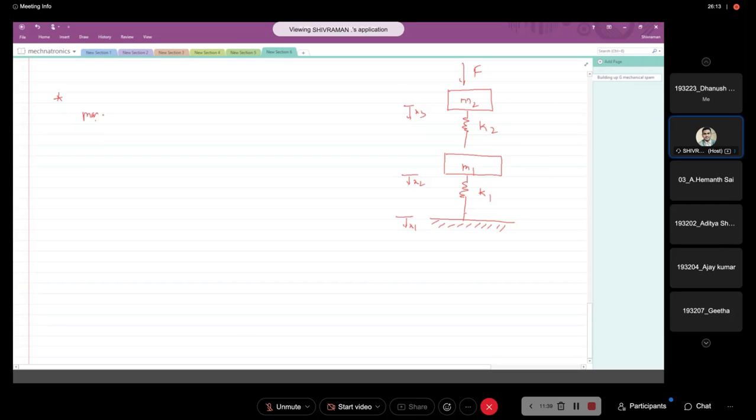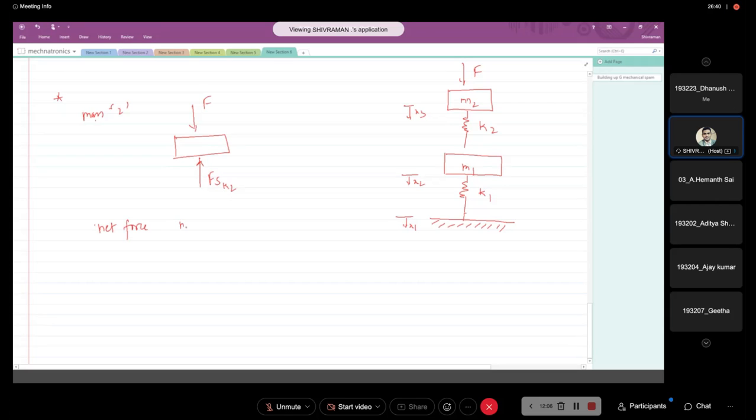One is mass 2. You isolate it, identify the forces, and draw the free body diagram. F, the compression force, is here, and a resistance, because a spring force will resist the compression. So Fs representing K2.